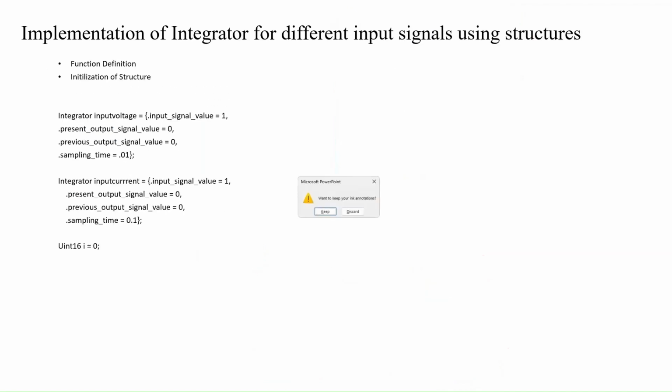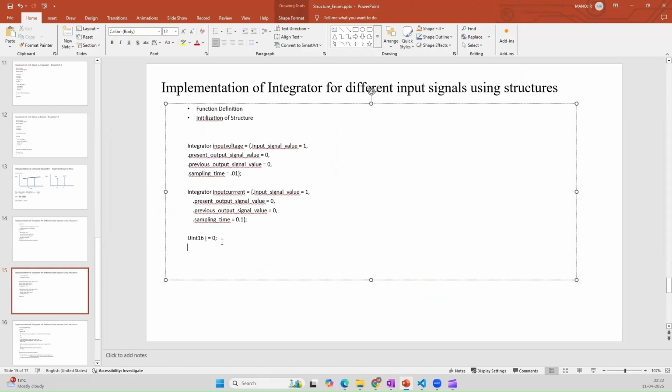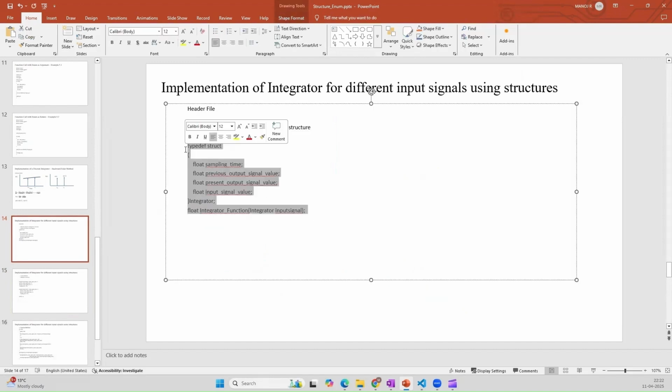So now let's see how you will implement this function using C code. Let's copy this. First you want to have the structure type, so let's copy this structure type.